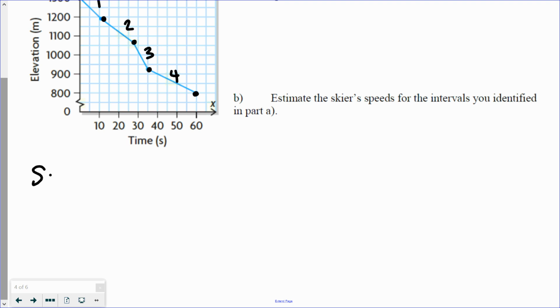So section 1, we might have a little bit different answers just if we estimated where the points actually were a little bit differently. So as long as you're relatively close, that's a-okay. So I said section 1 goes from about 1300 to 1200.